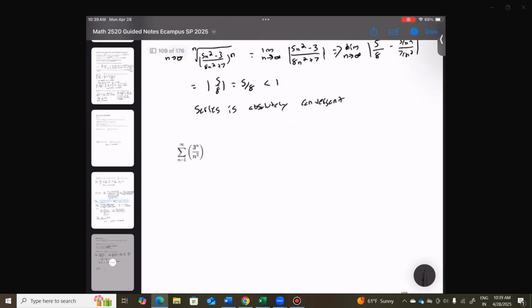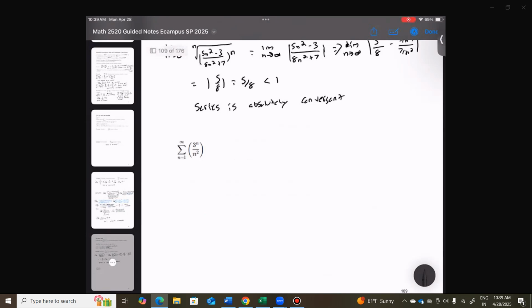Last example. Now, we can do certain ones, but notice there has to be a power to the n in some way. So here we're going to take the limit as n goes to infinity of the nth root of 3 to the n over n squared. And so we can break this up.